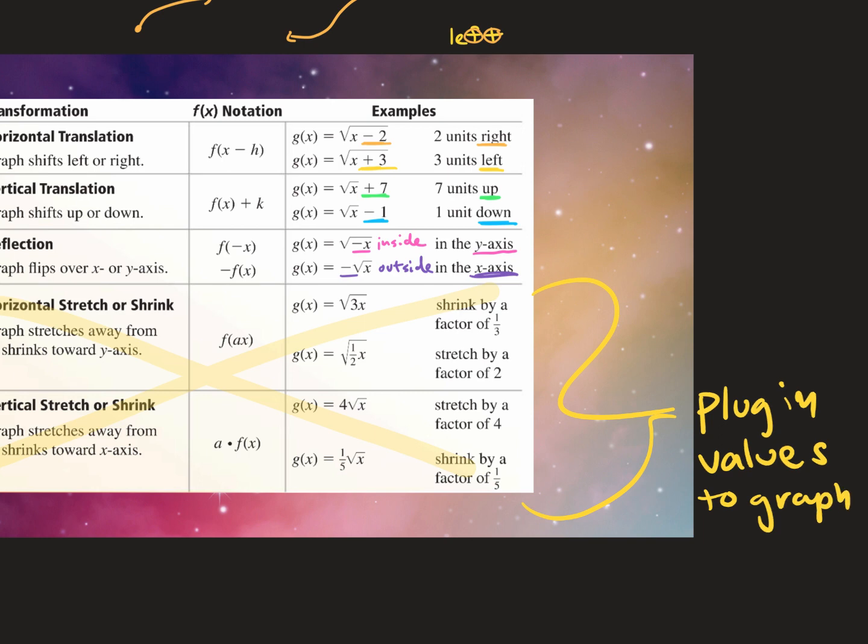When you're adding, or if you have a reflection, the best thing to do would just be to apply the transformation. Easiest way to graph it. So the first two examples looked like these, where we had to plug in numbers to graph. The next few will look like these, where we just apply the transformations. And you'll see the difference of how we graph them.